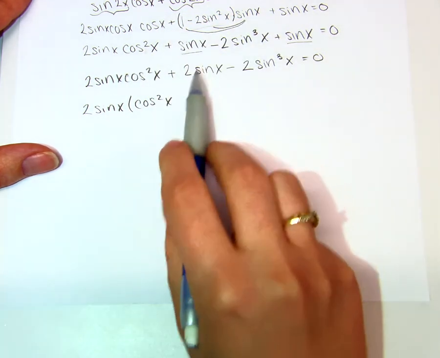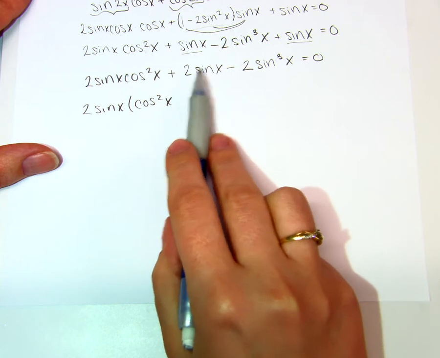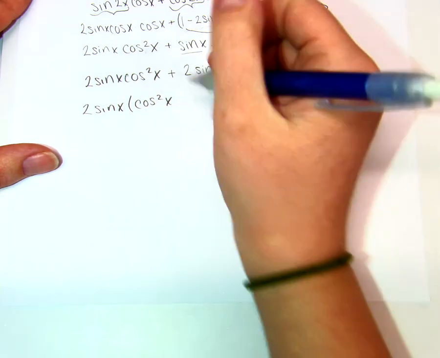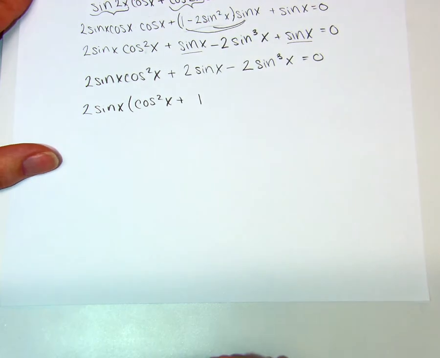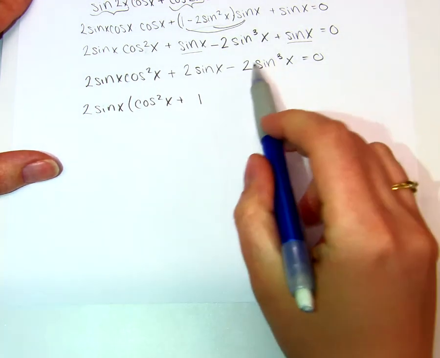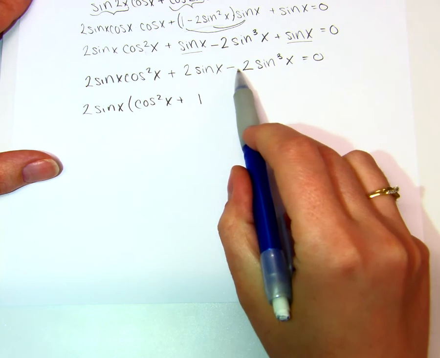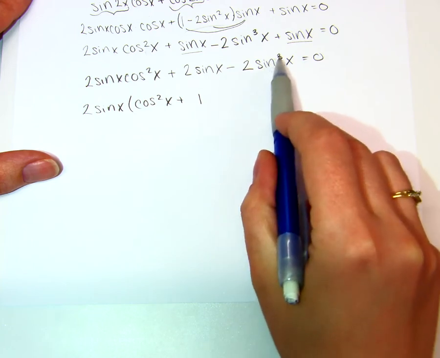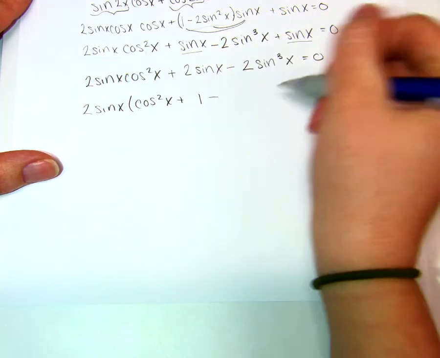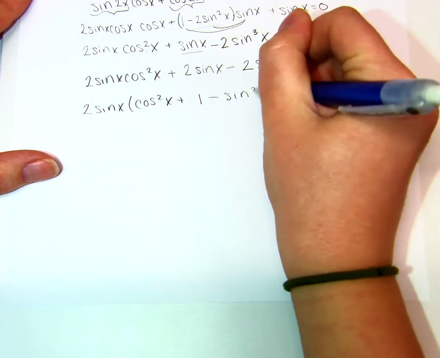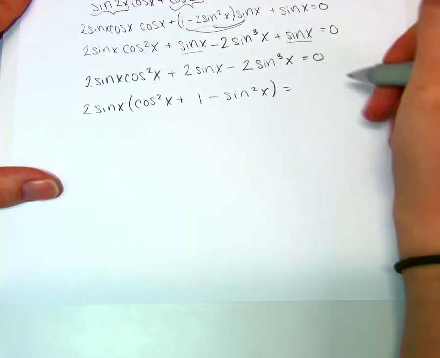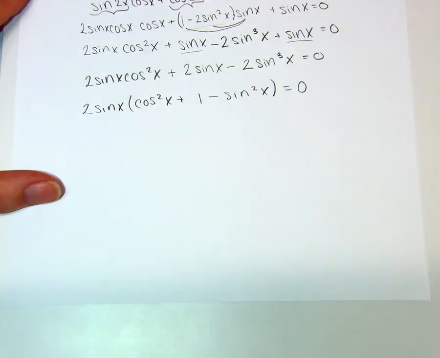If I factor out a 2 sine x out of 2 sine x, it doesn't just magically go away, it's a 1. And if I factor out a 2 sine x out of negative 2 sine cubed x, I'm going to end up with a negative sine squared x, because I'm dividing out 1 sine, so that's still going to leave me with sine squared.